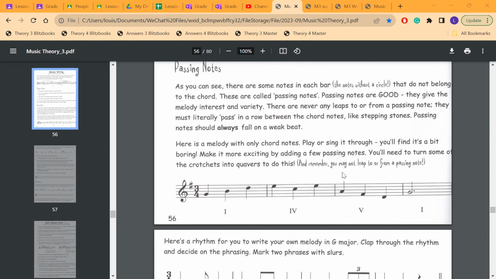I don't like how they teach it because they introduce it in terms of chords, which I think is a bit of a premature concept. I usually say chords in melody writing come in grade 4 or 5 theory, when you've done chords in detail, to actually base your melody off chords.